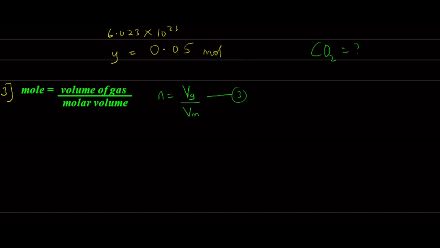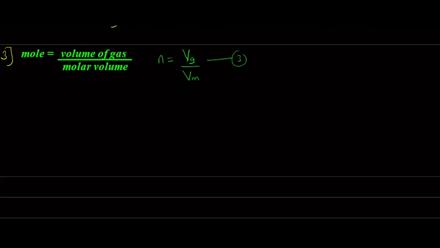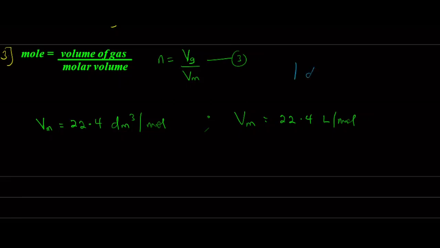Now, the little challenge we are going to have here is the usage of Vm, because the molar volume we have in different values. Let's look at the values for molar volume. We have molar volume to be 22.4 dm³ per mole. We have molar volume to be 22.4 liter per mole, simply because 1 dm³ is the same thing as 1 liter.